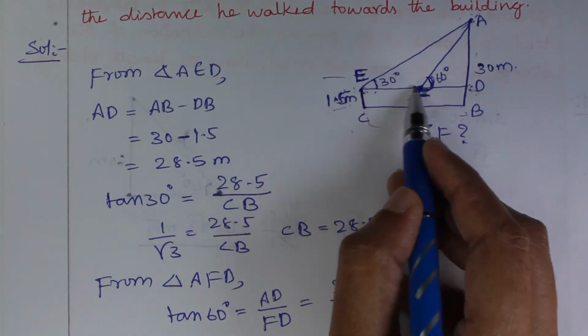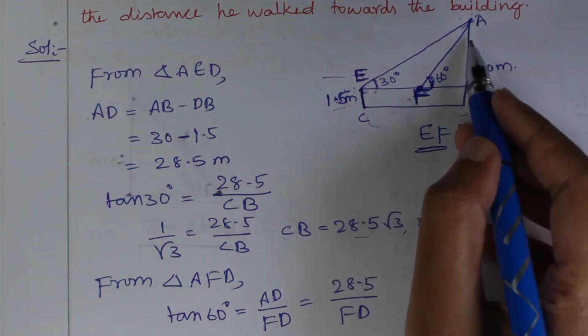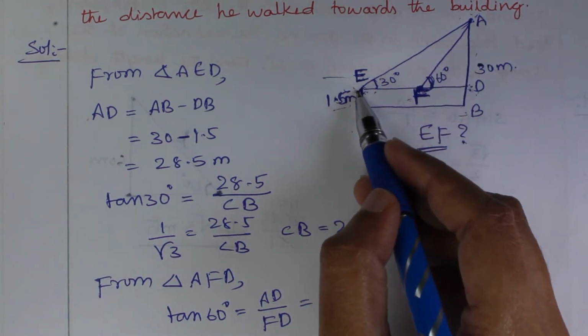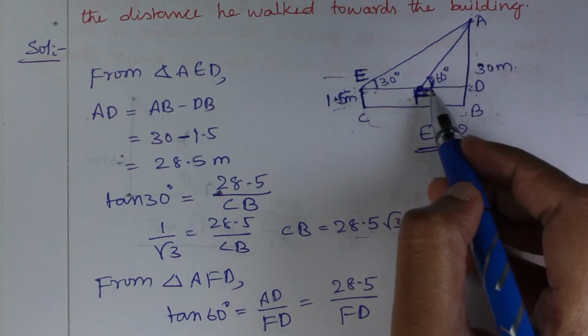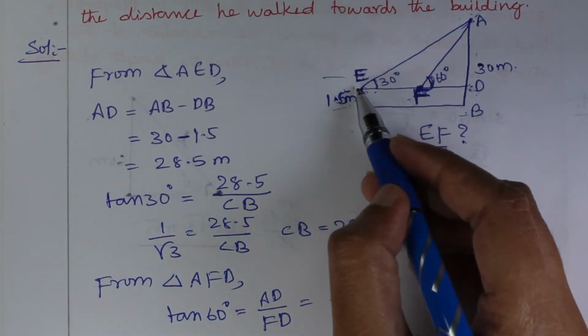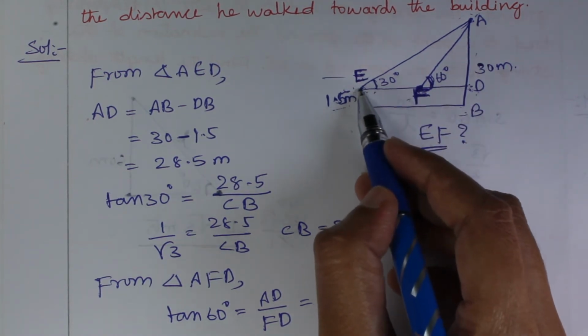So we need the distance of EF. From triangle AED, I can find out the DE value. And from triangle AFD, I can find out the FD value. So ED minus FD gives the distance travelled by the boy from point 1 to point 2.